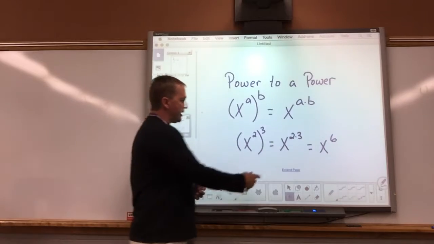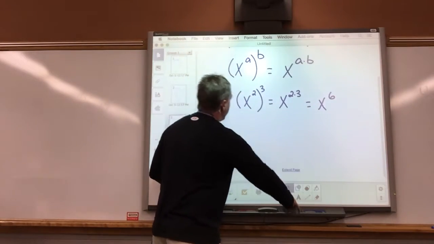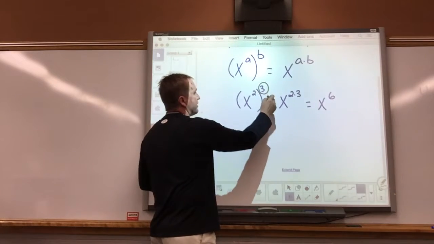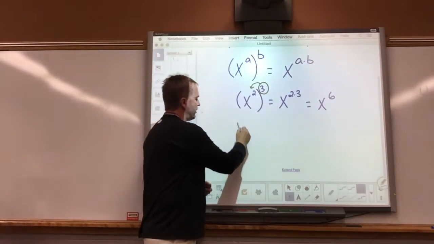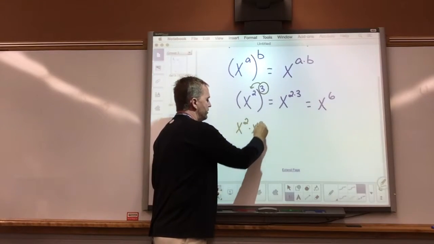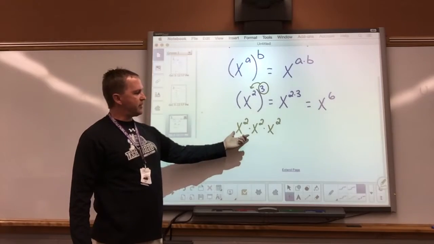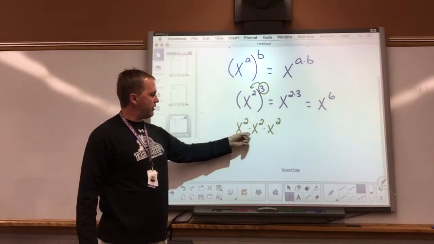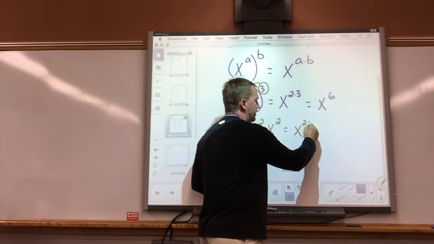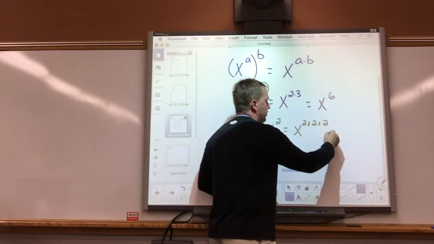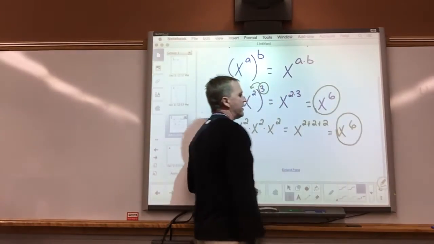To make sure that actually makes sense, if I remember, a third power means I should have 3 of these multiplied. So I should have x squared times x squared times x squared. Now this fits into the like bases situation because all of these bases are x, which says I should simply add the exponents, 2 plus 2 plus 2, which ends up being x to the sixth, and that matches the answer we had.